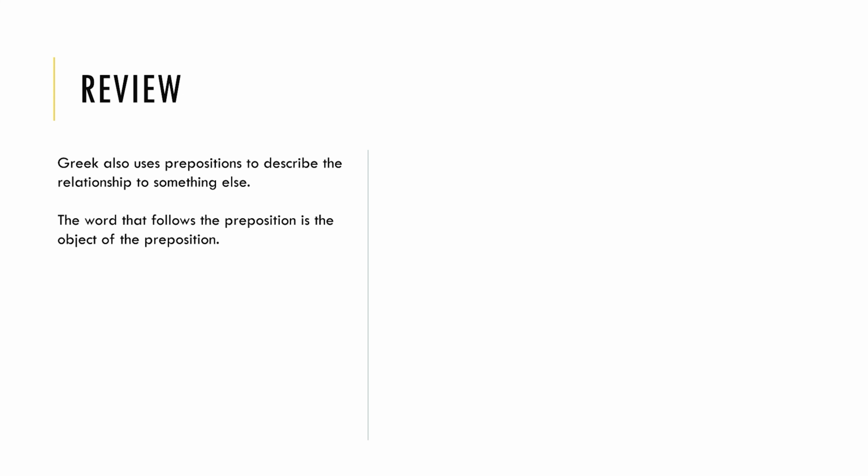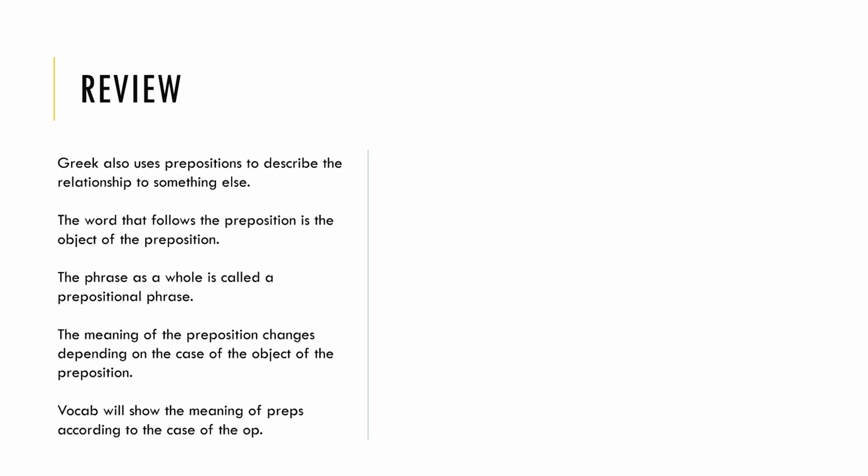So just to recap the prepositions section here, Greek also uses prepositions to describe the relationships between things. The word that follows the preposition is called the object of the preposition. And then the whole phrase is called the prepositional phrase. Now, what's tricky is that in Greek, the meaning of the preposition changes depending on the case of the object of the preposition.